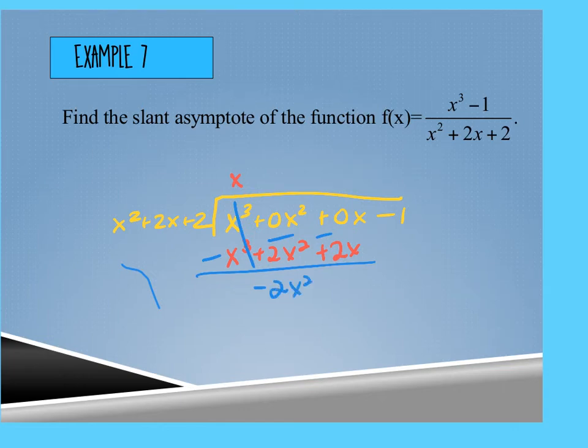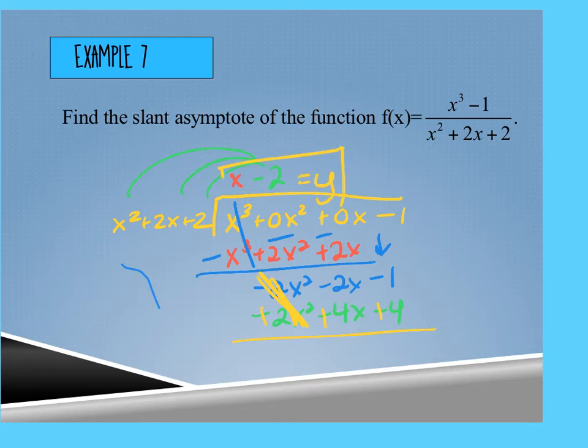Negative 2x squared minus 2x. Bring down the negative 1. Multiply by negative 2, all three: negative 2x squared minus 4x minus 4. Change your signs. Again, as long as the first one cancels, I can ignore the rest and look at my quotient, which is y equals x minus 2.